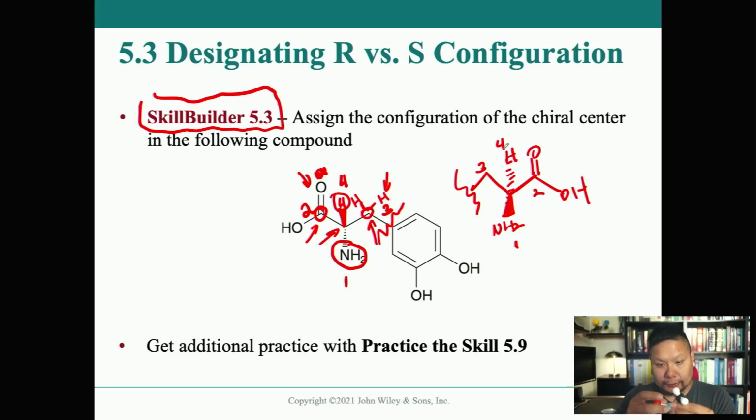Okay, so now the highest priority is pointed out towards you, okay? And then the lowest priority is going backwards now, just like it is in the picture, right? Actually, it's upside down, like this, right? Oxygen is over here, okay? Actually, it's a carbon connected to an oxygen. I should probably make that accurate.